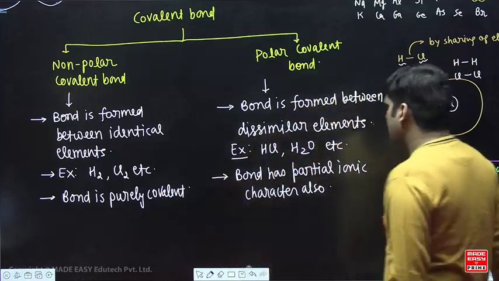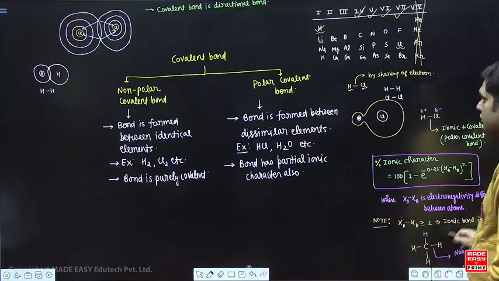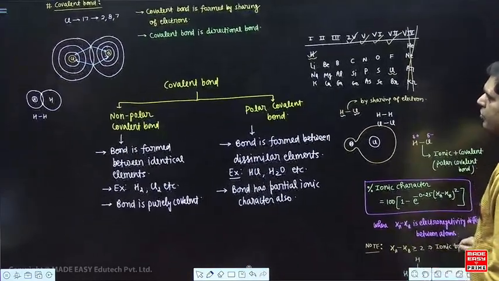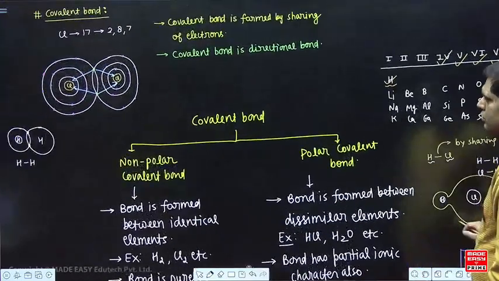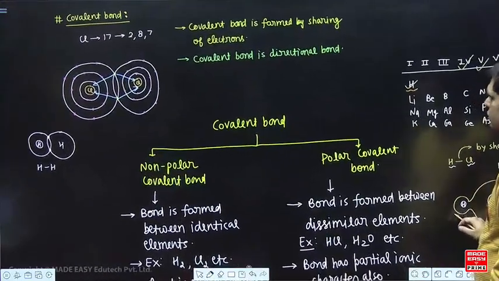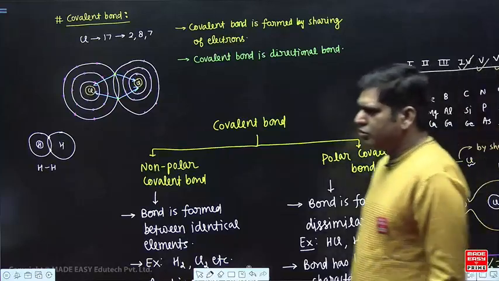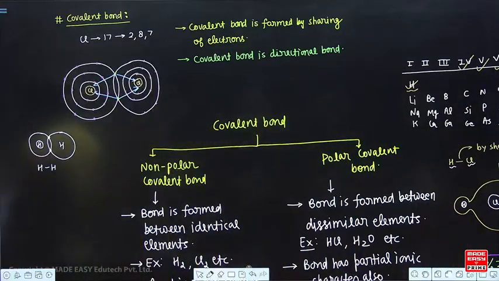Bond के पास में partial ionic character भी है. So this is covalent bond. पहले इतना लिख लो, फिर आगे कुछ बातें करते हैं.